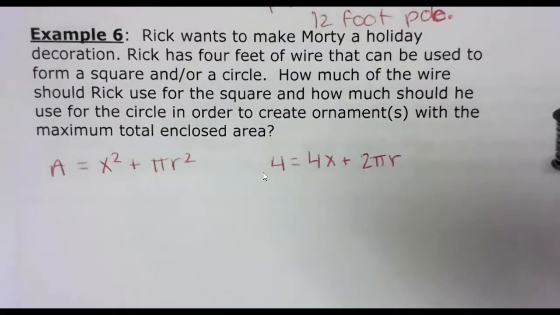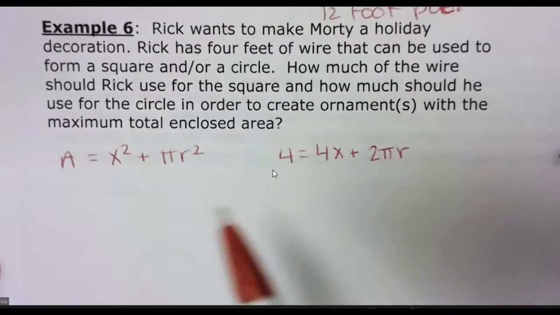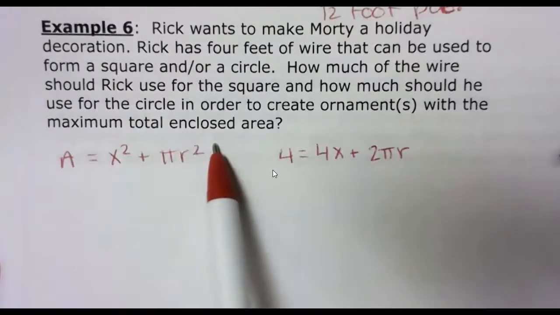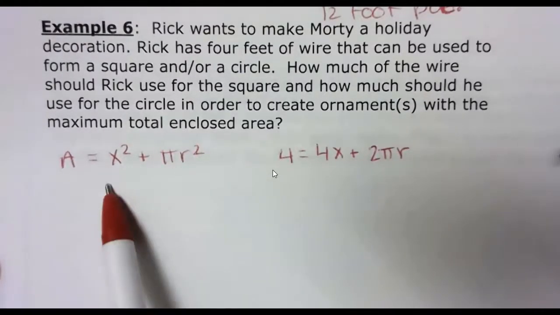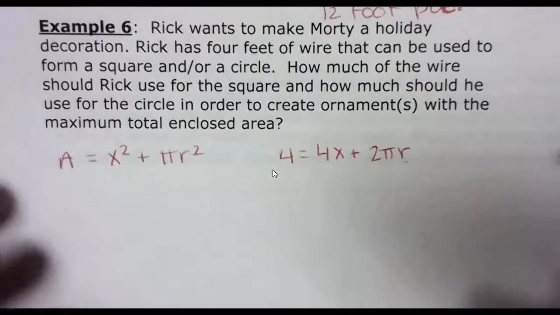And then what we're going to do is substitute for a variable from one equation into the other. So I'm going to substitute in for r with x's. So I'm going to use the perimeter equation to solve for r.